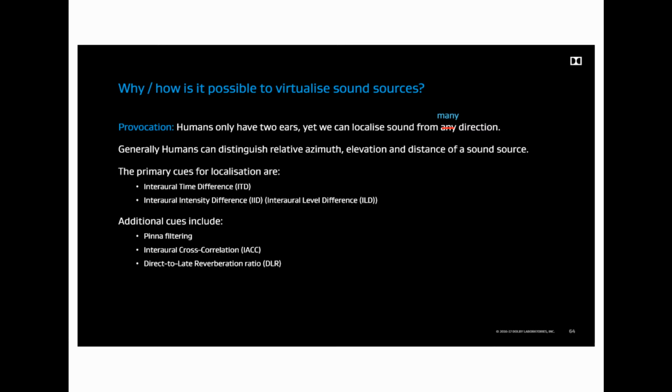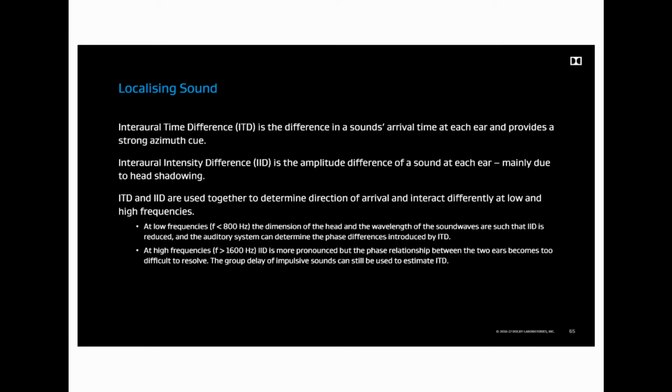So interaural time difference is the difference in a sound's arrival at each ear, and it gives you a strong sense of azimuth. The amplitude difference of a sound at each ear is what we call interaural intensity difference, and this is typically from your head blocking sound from coming around you.